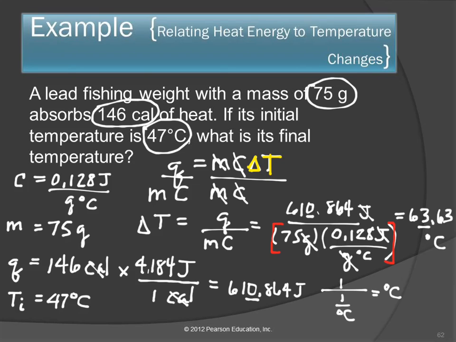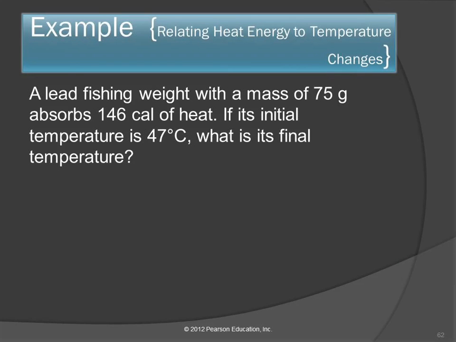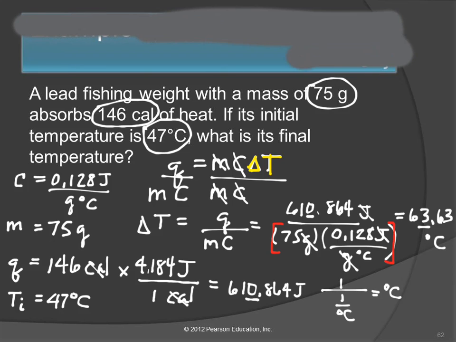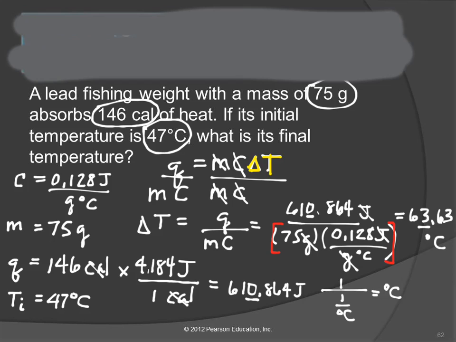So we need some space. So I'm just going to get rid of this pretty blue box up here so that I can write up there too. So delta T is T final minus T initial, and we're trying to find the final temperature, right?